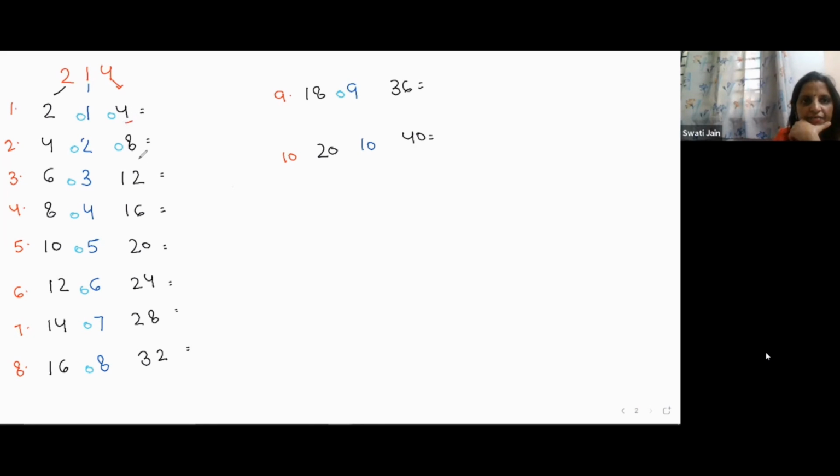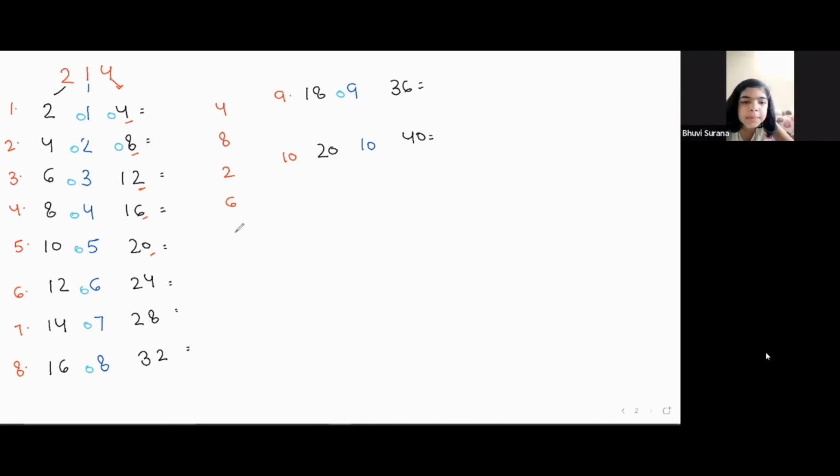First, we will write the ones place. 4, 8, 2, 6. Now I will call the name. Bhuvi, what should we write? Yes, miss. 0.